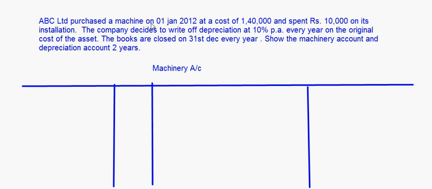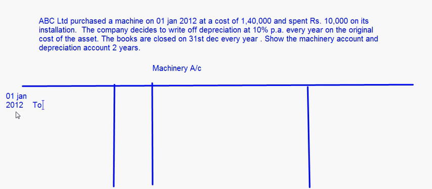Whenever an asset is purchased, if there is any installation cost of that asset, that is to be capitalized, that is to be taken as a cost of the asset, right? So in this case, this 10,000 which is spent on the installation will be added to the cost of the asset. So when you provide the depreciation, it will be on 1,50,000 and not on 1,40,000.